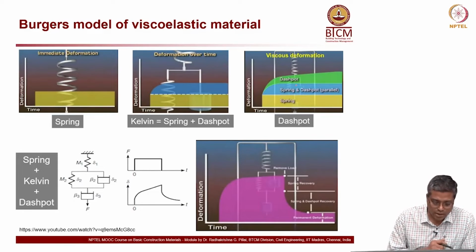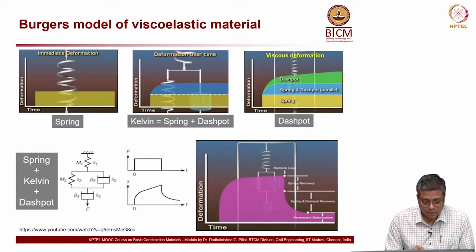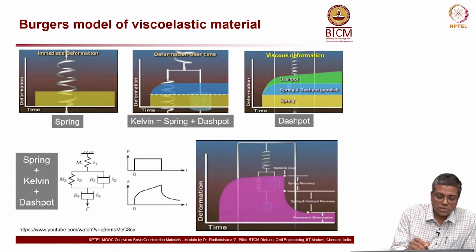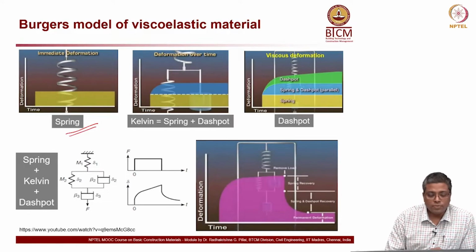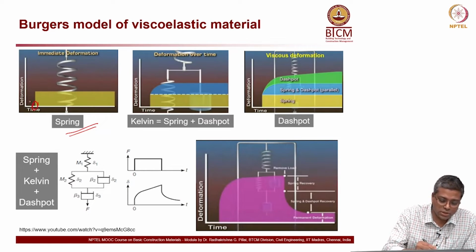So, here is an example, I got it from one of the YouTube videos, you can watch that video, very interesting. Link is given at the bottom left. These are some snapshots from the video. You can see on the first image, that is a spring model. I am filling the yellow region, which is the graph corresponding to the spring model. So, time t0 is this.